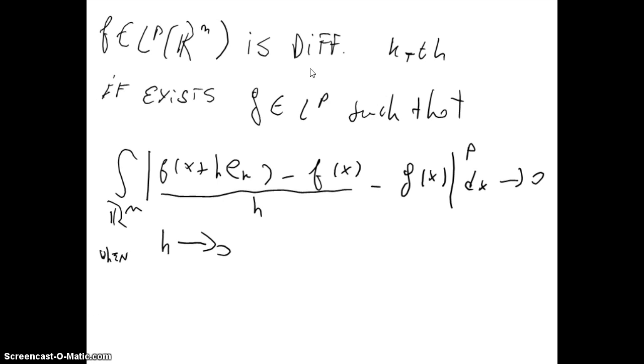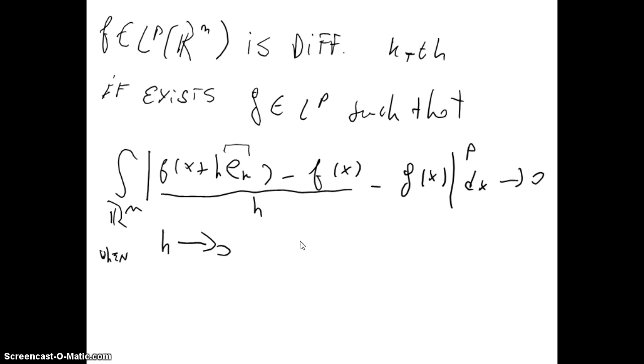Okay, so this e_k is like a canonical vector, in the way that e_k has the kth coordinate equal to 1 and 0 in the others.